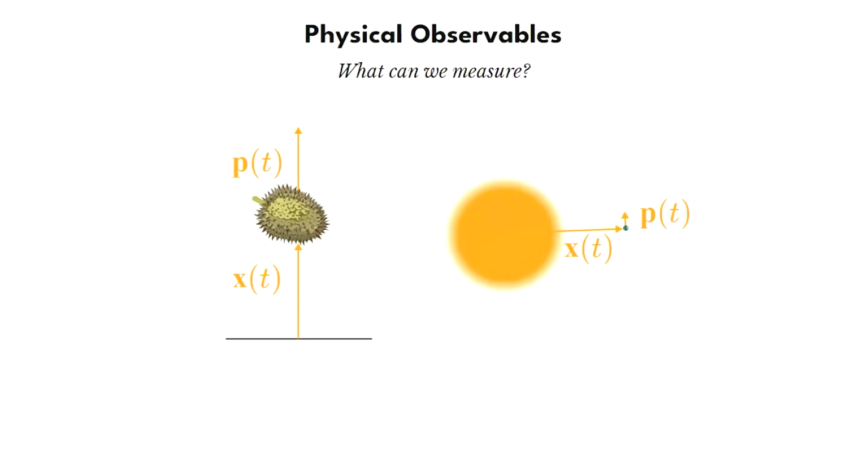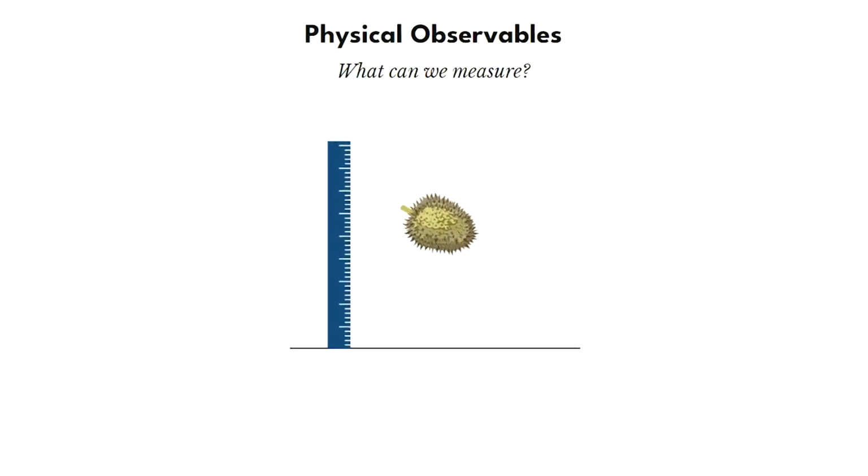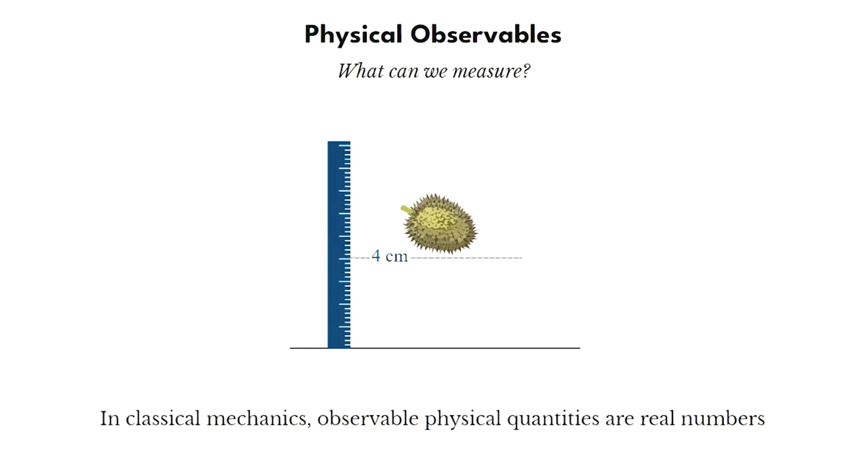And what can we measure for classical objects? Like I said before, we can just take a ruler or an apparatus, then get some numbers, some data from the classical object. And the number you get is often a physical quantity, so they are real.